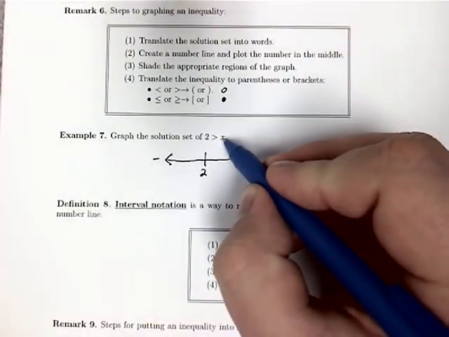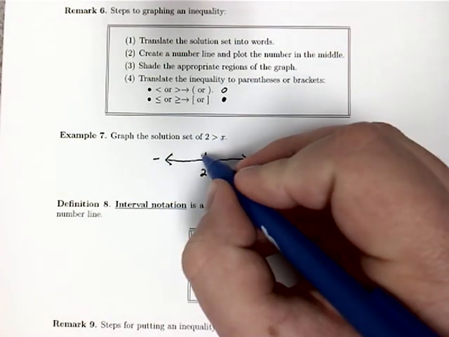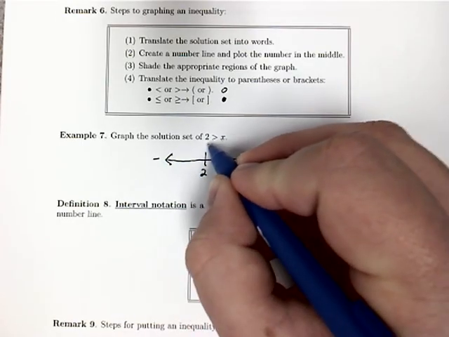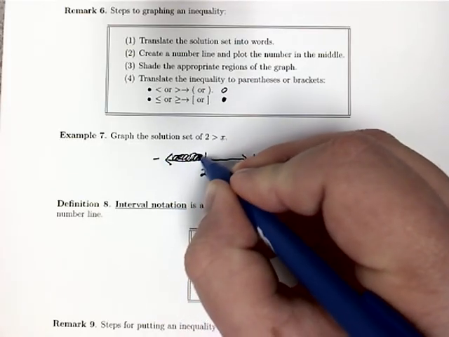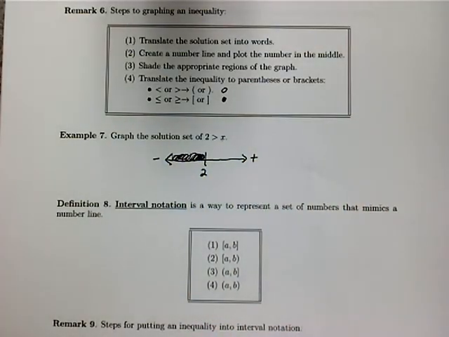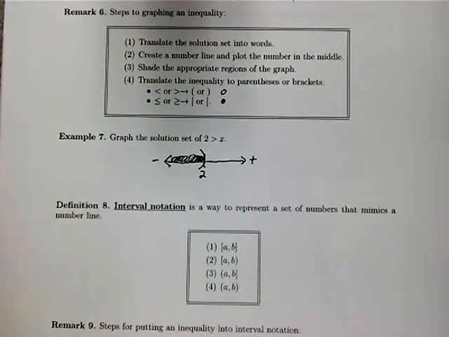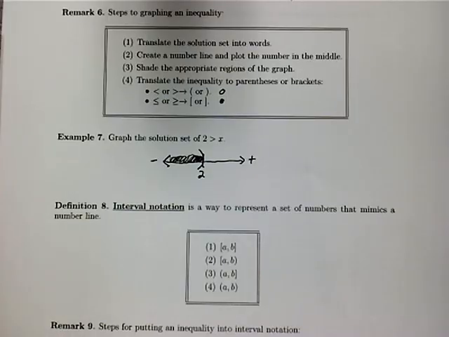And if it's all numbers less than 2, again, read from the variable to the number. Is that all the stuff on the left or the right? Well, all numbers less than 2, that's all the stuff on this side. So by translating it correctly, you don't have to guess. So that's why you want to translate first. Okay, and because of the strict inequality, we got a parenthesis.